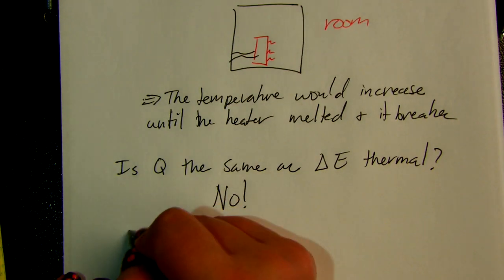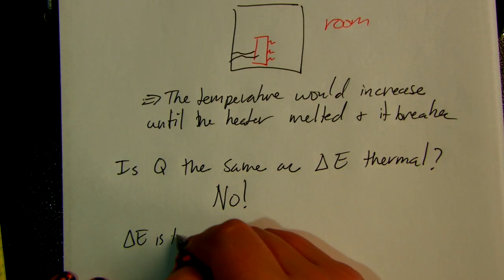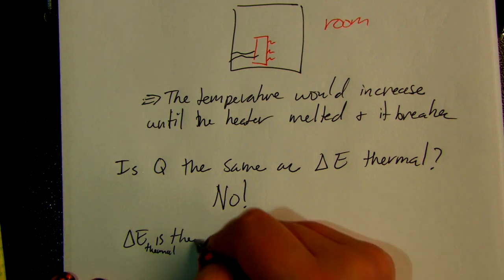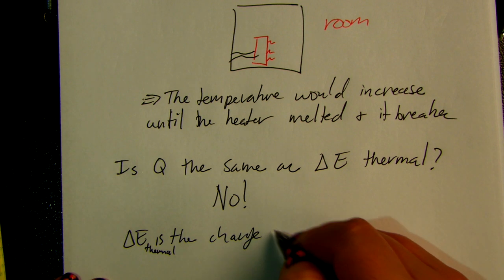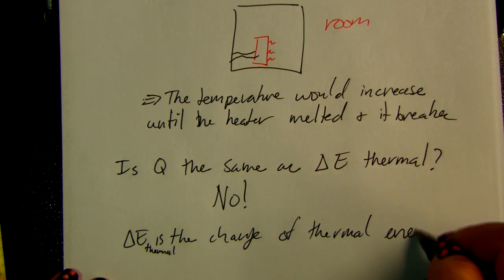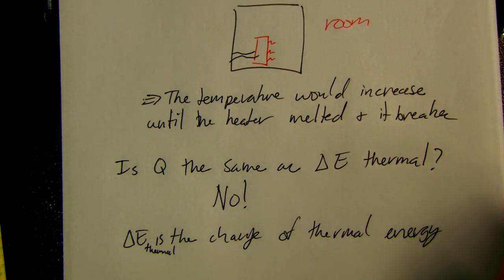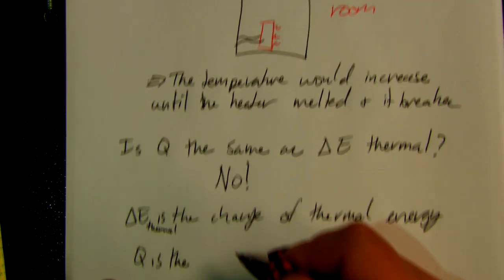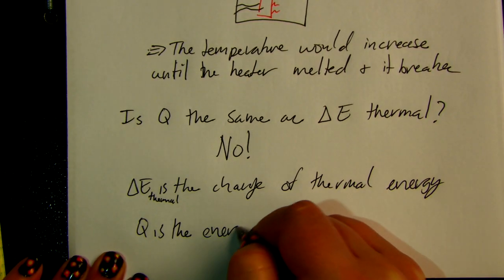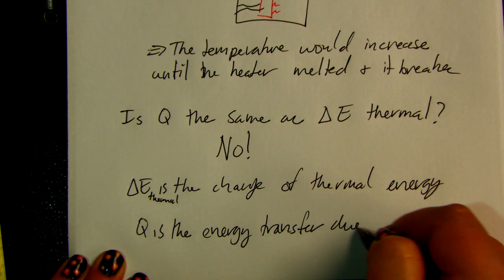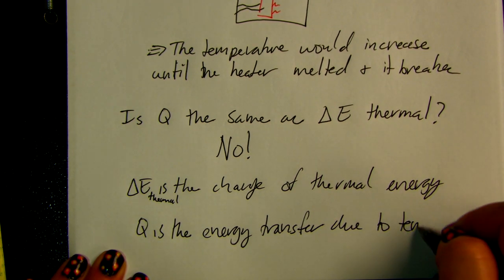Delta E thermal is the change of thermal energy, and Q is the energy transfer due to temperature differences.